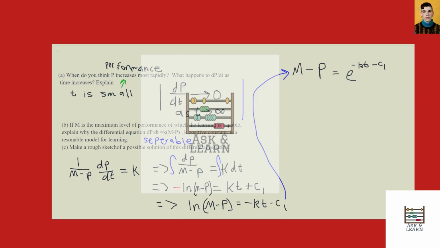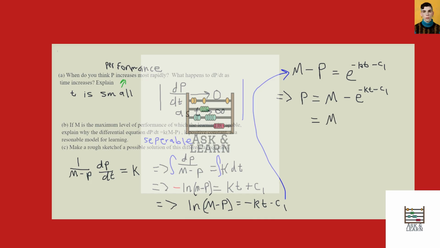And I would end up with P is equal to M minus e to the negative Kt minus C1. All right. So now let's maybe rewrite this a little bit so it can look a little bit prettier for us.